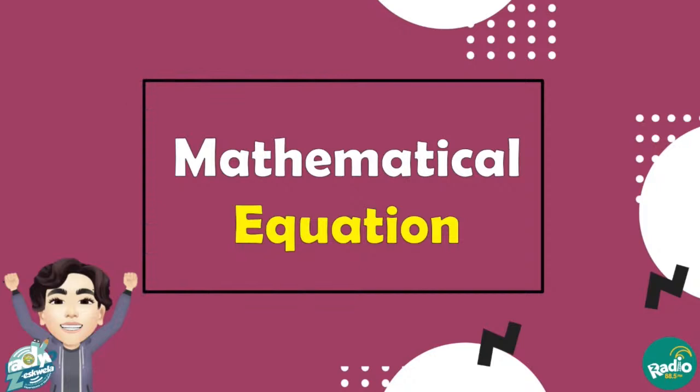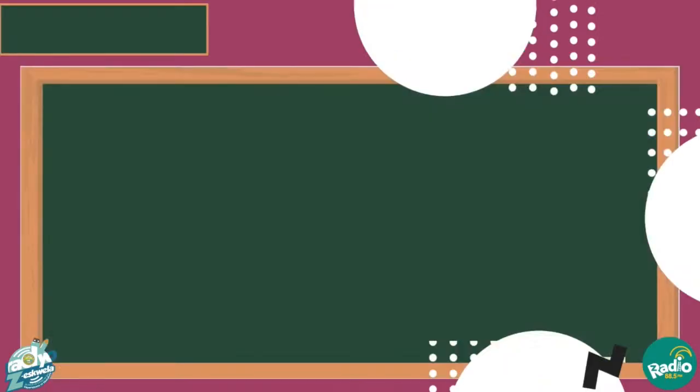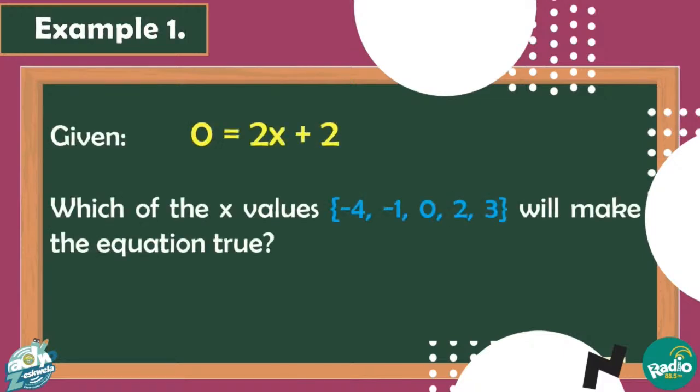Let's further understand mathematical equation. For example, the given 0 is equal to 2x plus 2. Which of the x values, -4, -1, 0, 2, 3, will make the equation true?